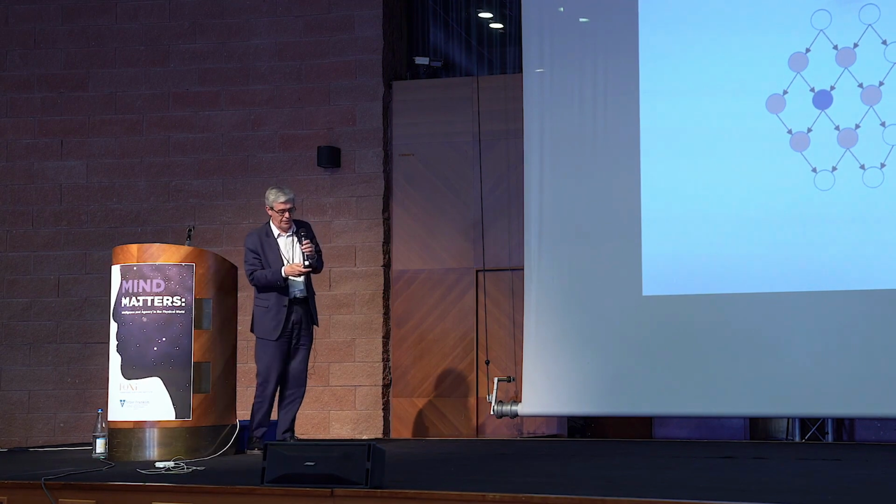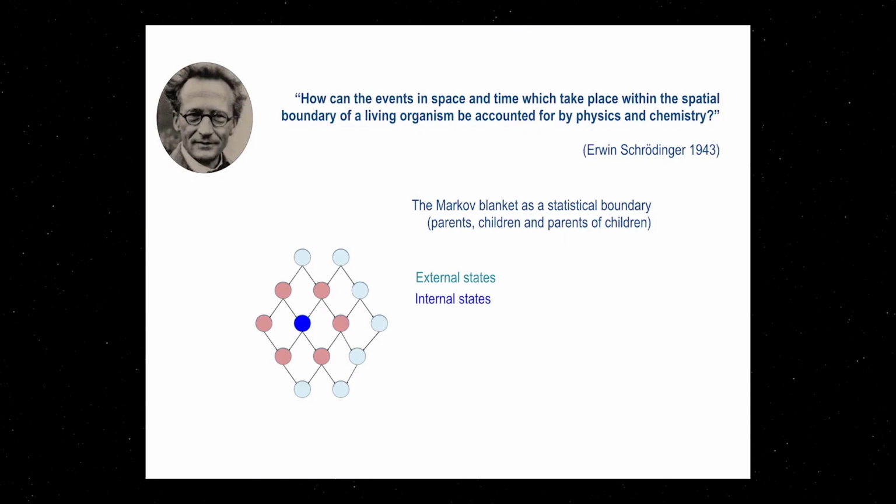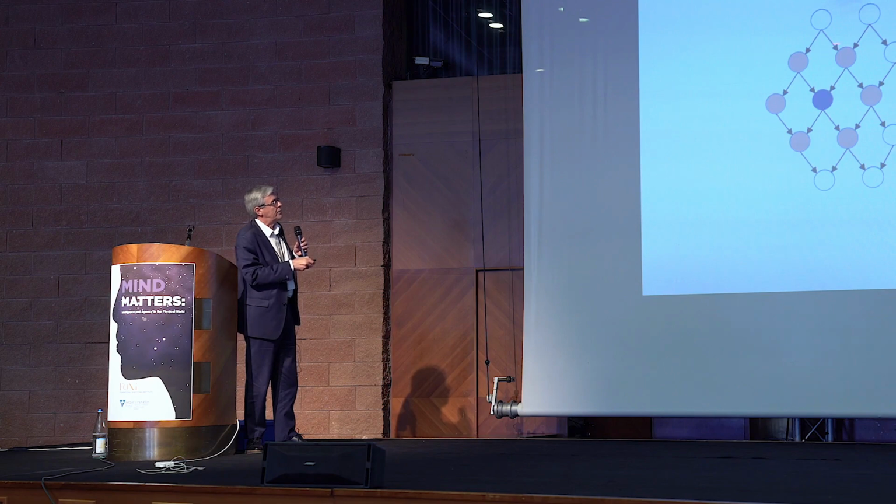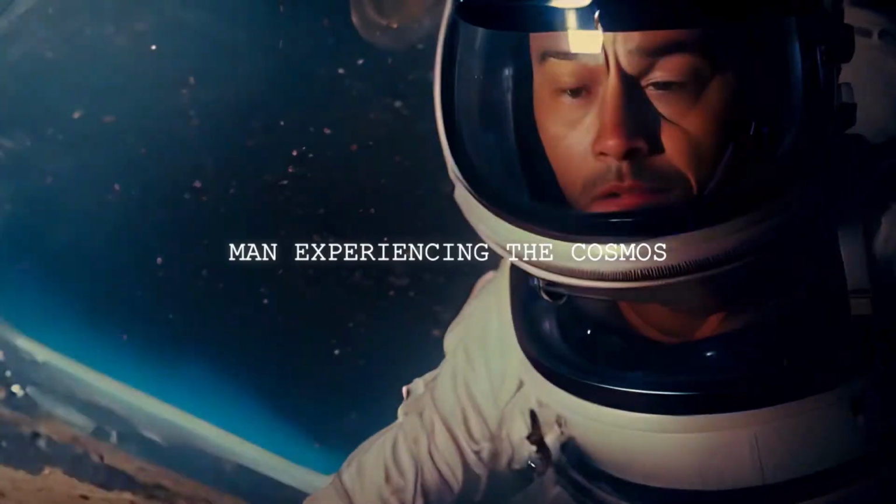But more generally in this instance, it is open in both directions, but provides a separation in the sense that if I wanted to predict the internal states from the rest of the universe, it is sufficient to know the blanket states, because there's a conditional independence between the internal states and the external states. So everything I need to know about the internal states in terms of being able to predict it probabilistically is contained within the Markov blanket.